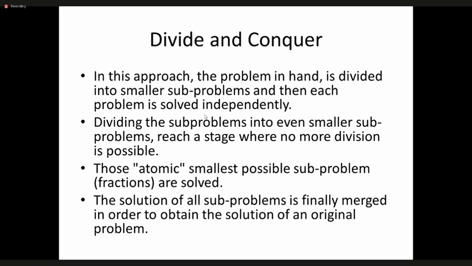Dividing sub-problems into smaller sub-problems, even smaller sub-problems, then this will reach a stage where no more division is possible. This stage is called atomic, and it is the smallest possible sub-problem to be solved. The solutions of all sub-problems are finally merged in order to obtain the solution of the original. That's how divide and conquer works.